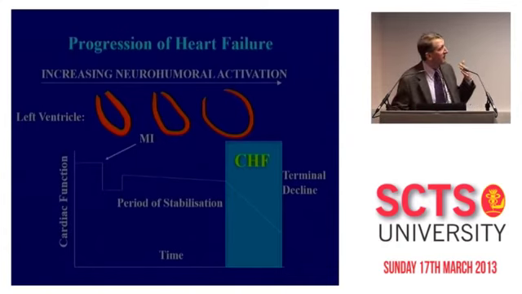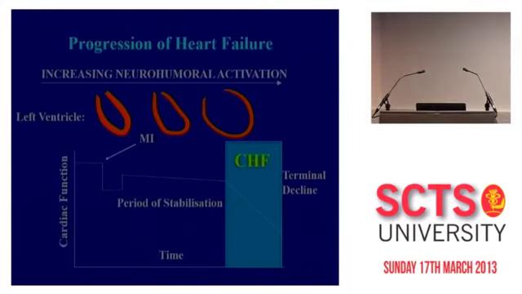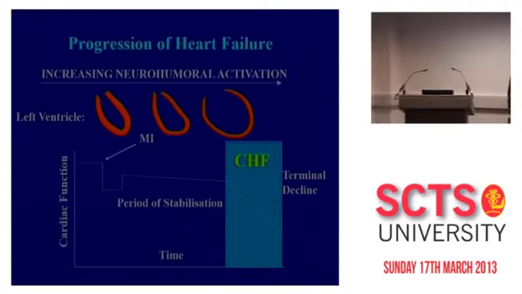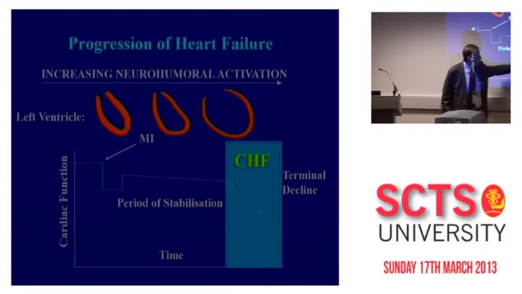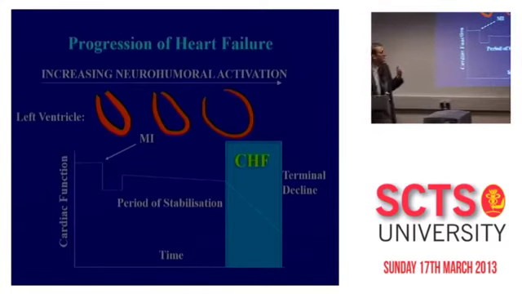And this has been described, the actual clinical scenario of patients dying of heart failure following an event has been described over 100 years ago with Osler, a very famous physician who worked both in Canada, the States, and in Oxford. He described the situation I told you about. The patient has the myocardial infarction, has a rocky course and so forth, period of stabilization, maybe slow decline, and then enters the symptomatic and terminal decline phase of congestive heart failure.